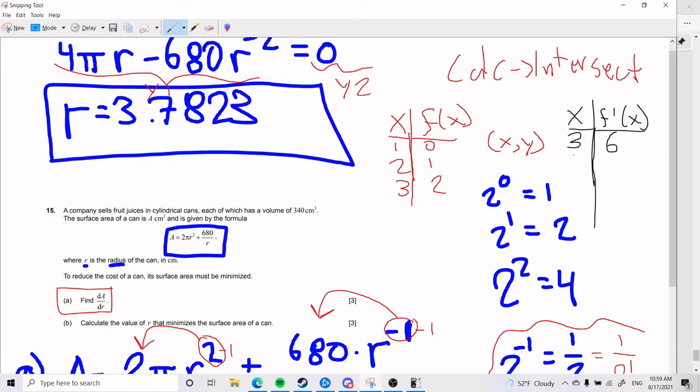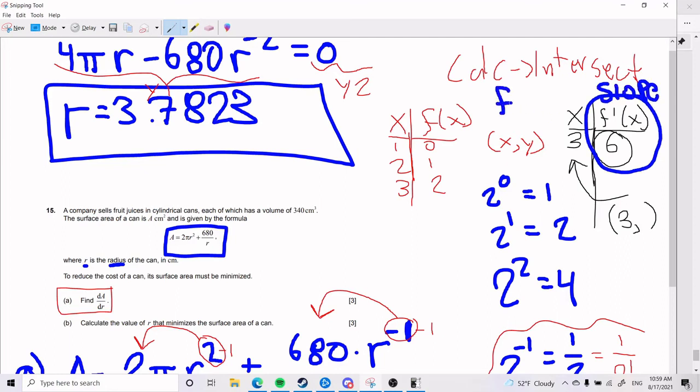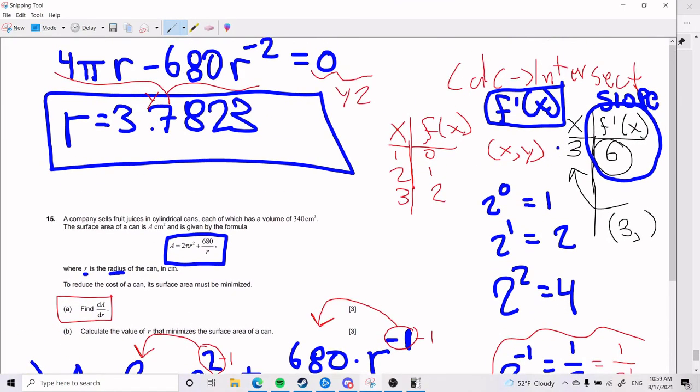This is actually saying that in your x of 3, so in your set of points where we have a 3 and something, you will have a slope of 6. This suddenly turns into slope when we have it in a derivative form, right? And so why does it matter that we have a slope of 0?